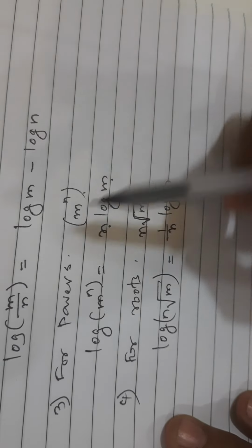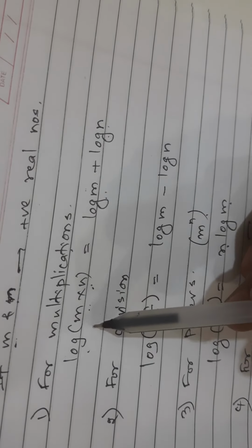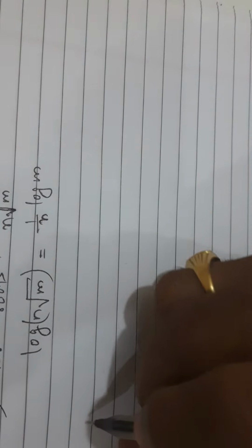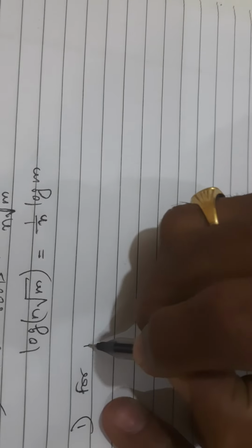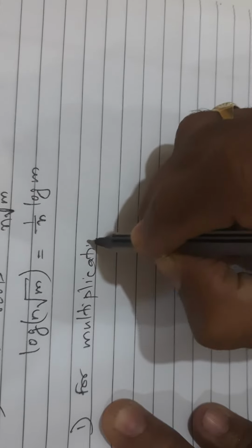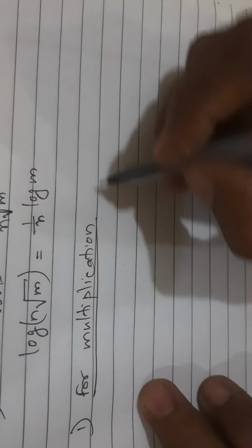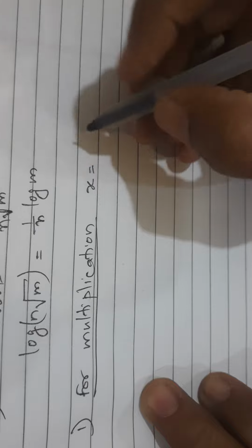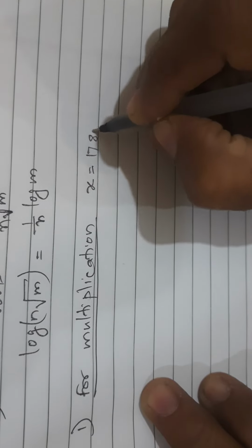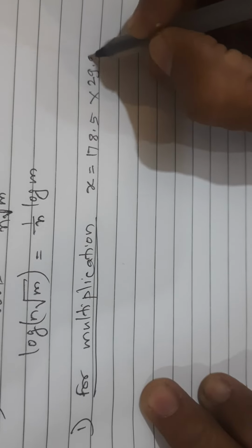Now we take one by one mathematical operation and apply the logarithmic rule. First we take the multiplication. We take one by one example for this rule. Suppose x is equal to 178.5 multiplied by 29.9.